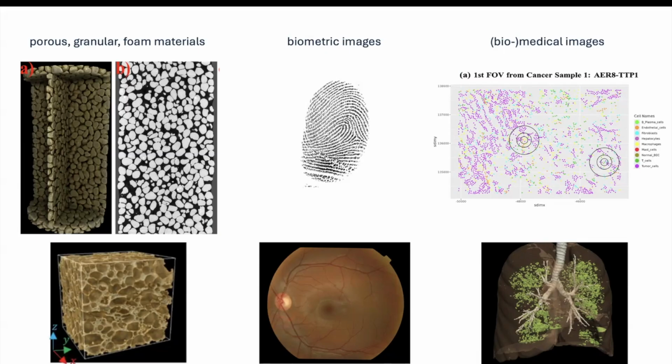They've looked at things like this sand packing of sand grains. This one's a metallic foam material. And they look at all sorts of things. So I've had a very long collaboration with that group.